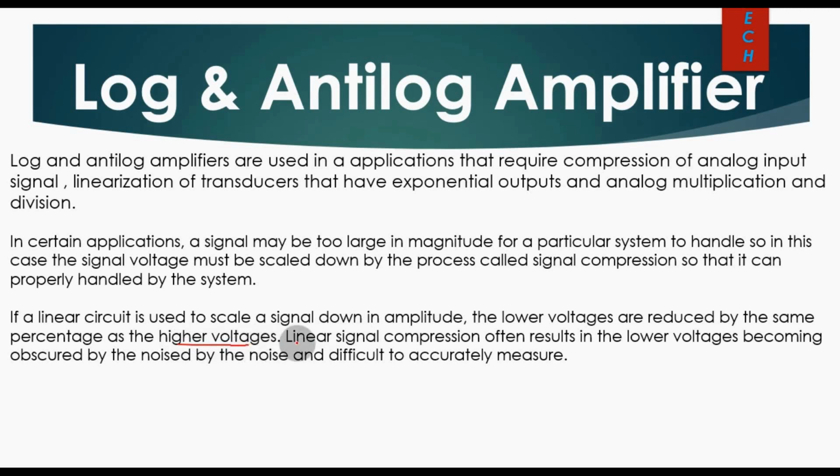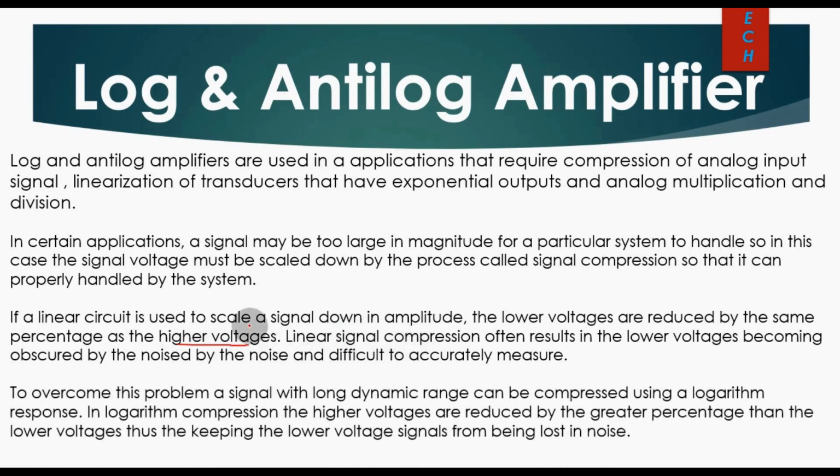One more drawback is that if you use linear circuit and you compress it, the lower voltage seems to be noise, so it would be very difficult to measure the voltage, right? So this is why we need log and anti-log amplifier.